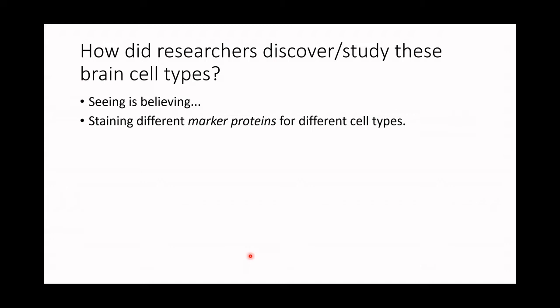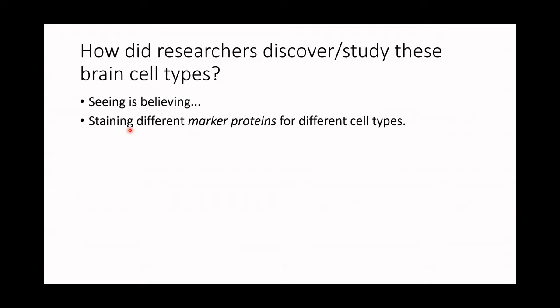So those are the marker proteins. They are present exclusively or mostly in one cell type, but not in any other cell type. So then if you see those proteins where they are distributed in the brain regions, then you know where these cells are distributed.